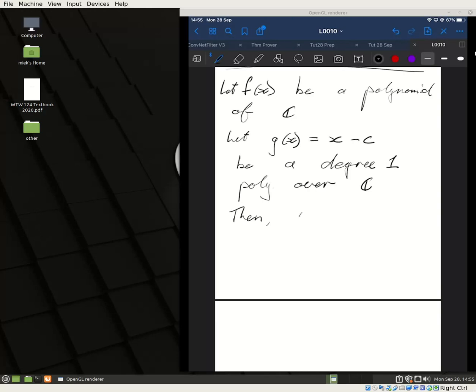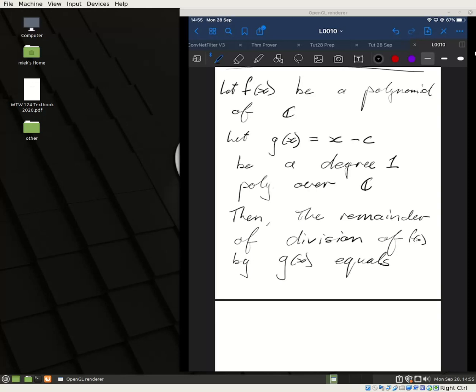The remainder of division of f(x) by g(x) equals the value of f at C, where what is the C?